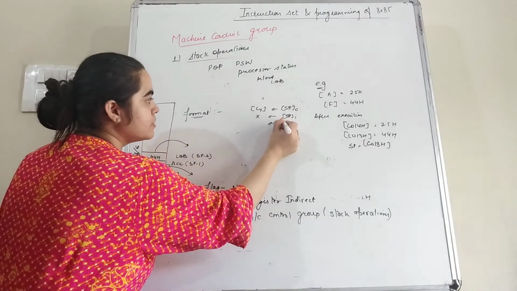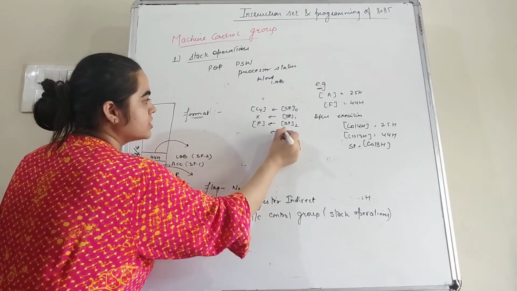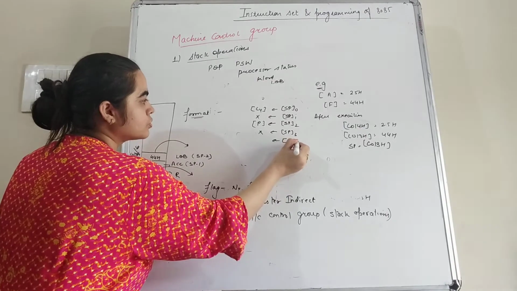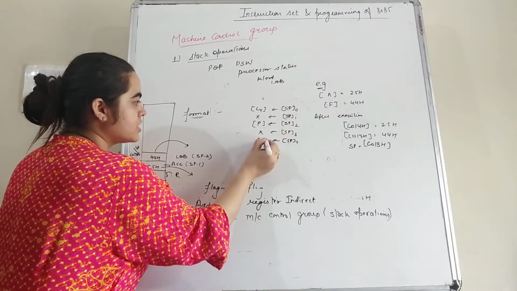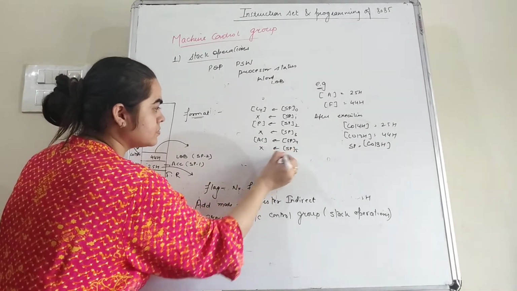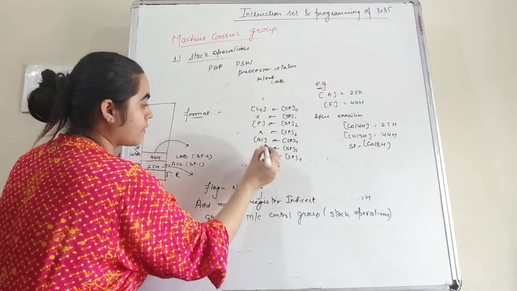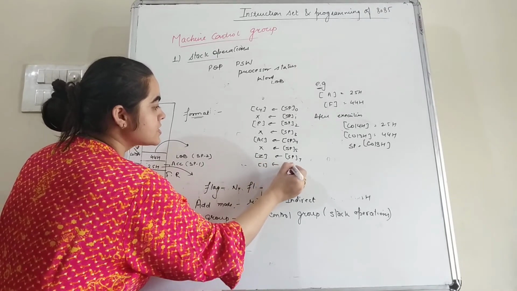After that SP2 goes to the parity flag, then SP3 again goes to undefined, SP4 goes to the auxiliary carry, then again an undefined flag. After that the 7th bit goes to the zero flag, and the last bit goes to the sign flag.